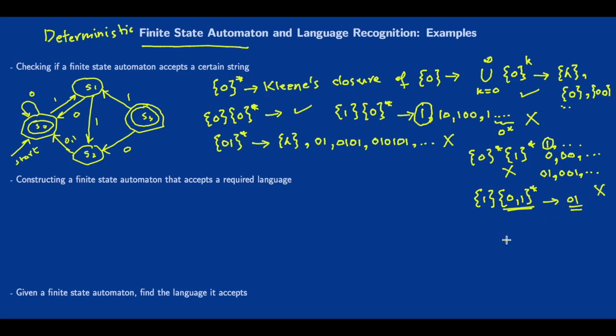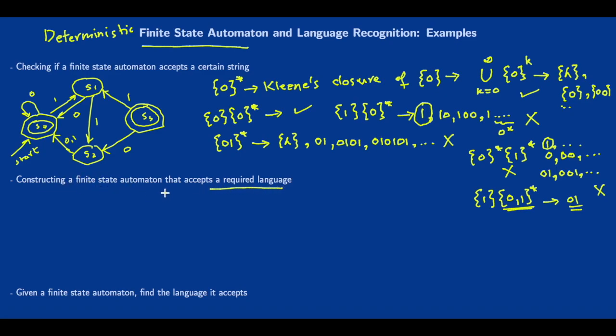So this is not accepted. So now you can see that checking whether a string is not accepted is easy, but checking whether it is accepted is a little bit harder. That's why we have simpler examples for the ones where we have acceptance or recognition.